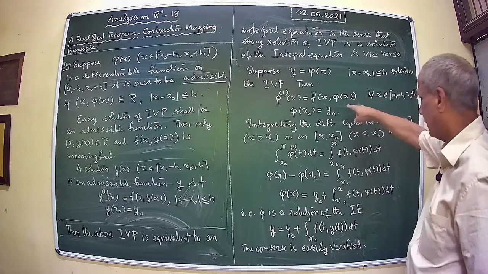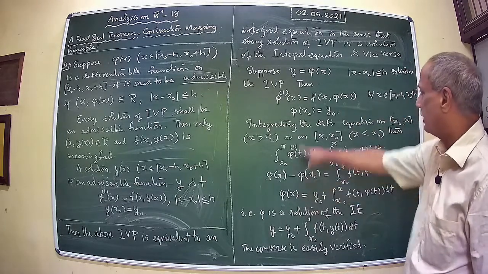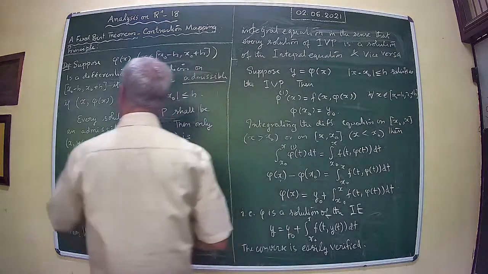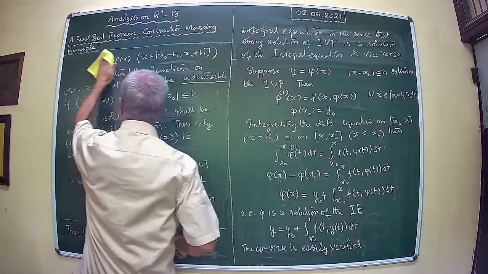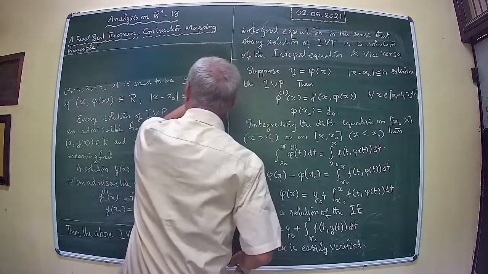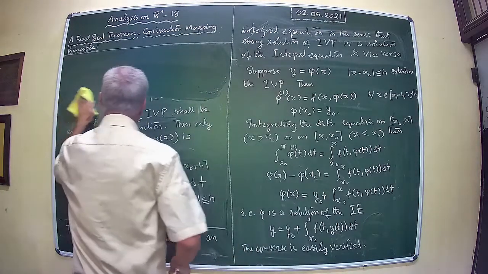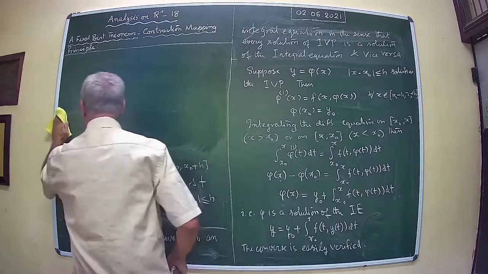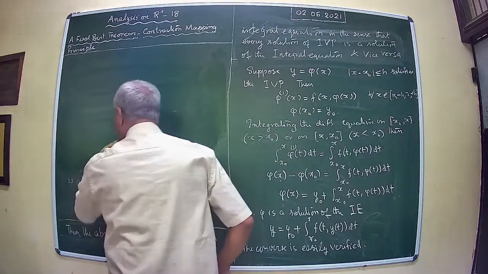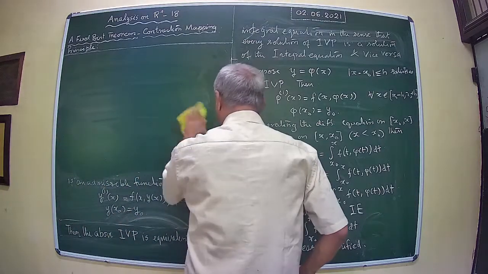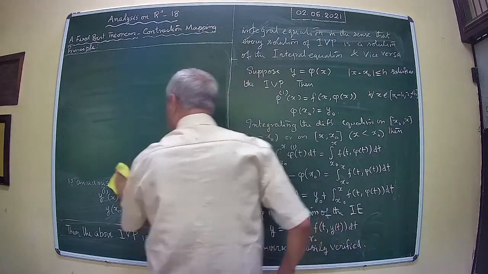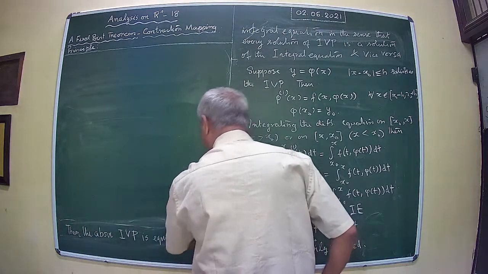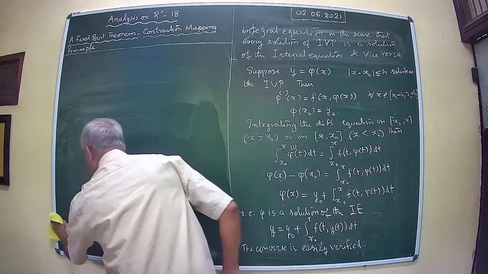You will get back that. I easily verified that phi x naught is equal to y naught. Therefore, see that two equations are equivalent. That's a beautiful result. And this is going to be the crux of our problem. So we have transformed the initial value problem to an equivalent integral equation.